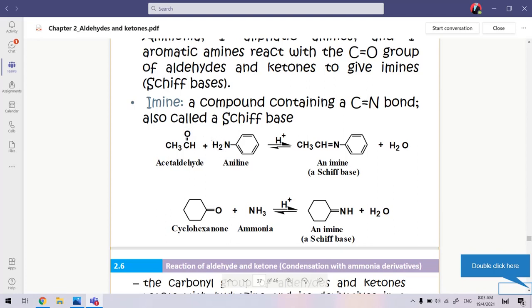So H2 combined with O to produce H2O, while this double bond will attach to this nitrogen to form this structure. Okay, so you just connect NH, and then this O you will eliminate from this structure, combine with H2 to produce H2O.